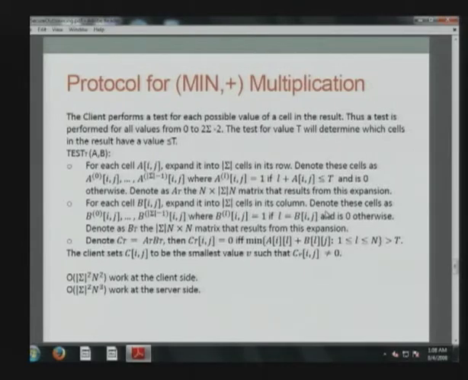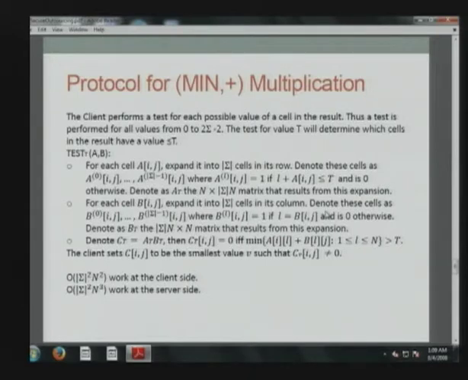And we can prove that if we compute Ct, where t means the expansion according to the value t, as Ct equals At multiplied by Bt, the traditional multiplication, then a cell in C equals 0 if and only if the minimum cell in the expanded value is greater than t.